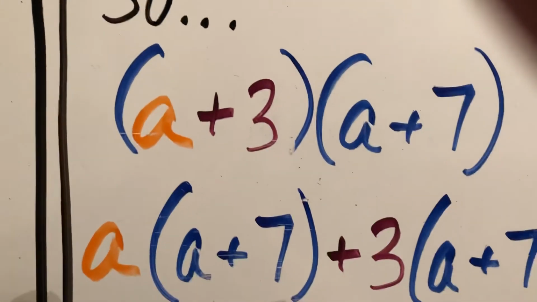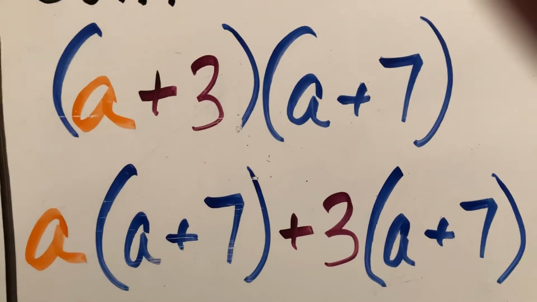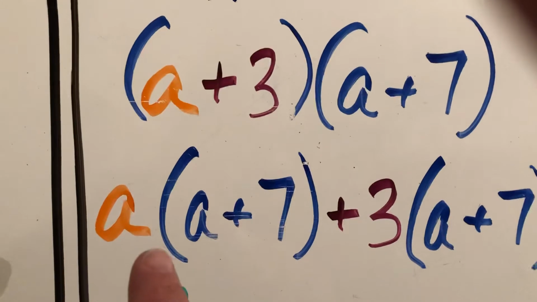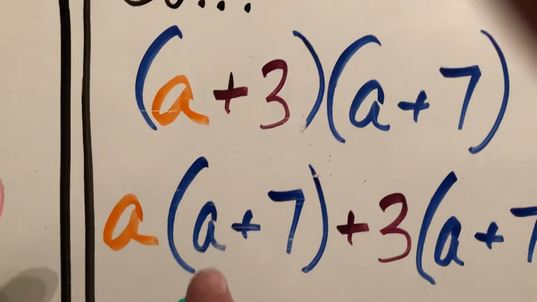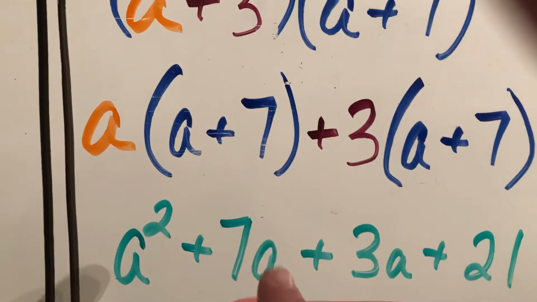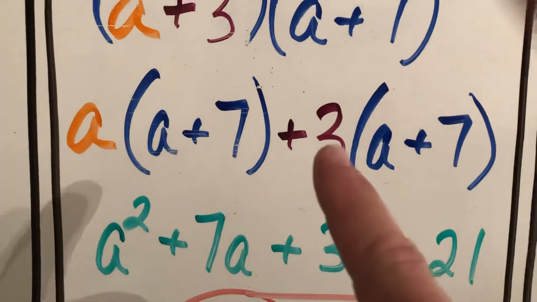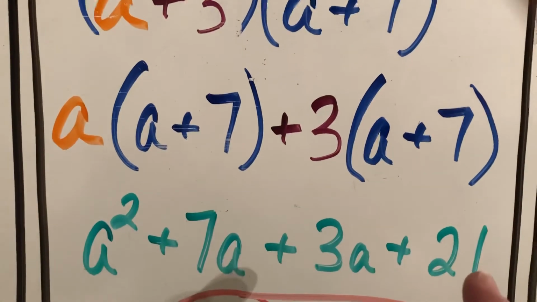Okay, so we distribute the a to the a plus 7. A times a is a squared. A times 7 is 7a. 3 times a is 3a. 3 times 7 was 21.